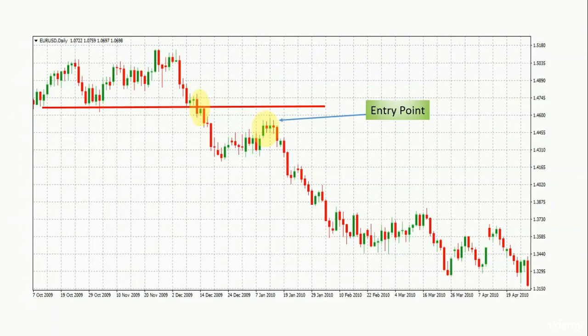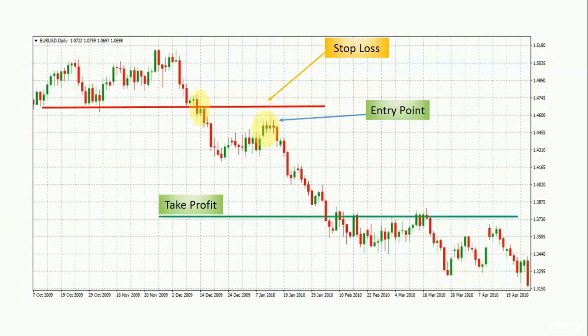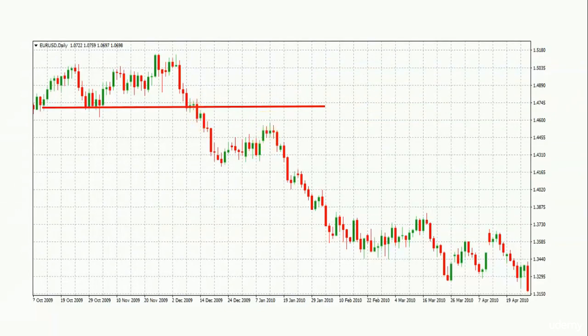Your best stop loss would be just above the broken support line, which became resistance after the breakout. Your first profit target is based on the previous low, which is not shown in this chart, but it can be located here. And this successful trading plan is the opposite of what most ordinary traders do.